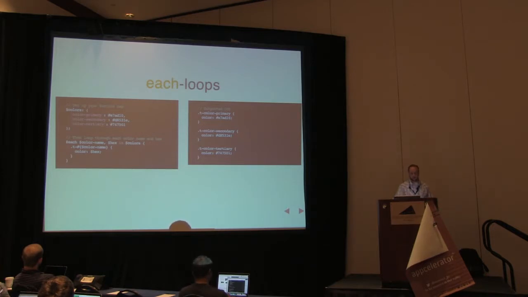And each time we go through, we're going to create this rule set. We've got a T dash, which in my naming convention, stands for typography dash. And then we're going to pass in the key as the color name, and we're going to set the color to the hex value. So we're outputting T color primary with a hex, color secondary with a hex, and so on.